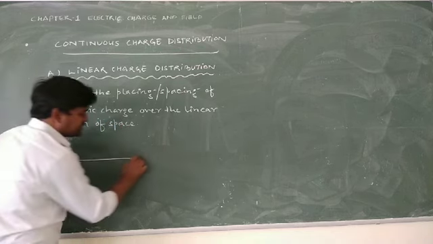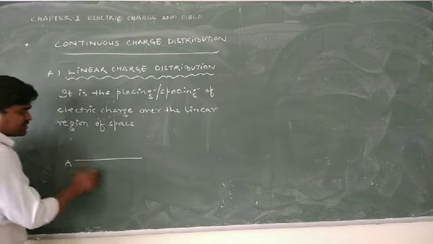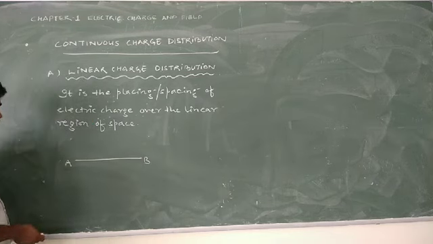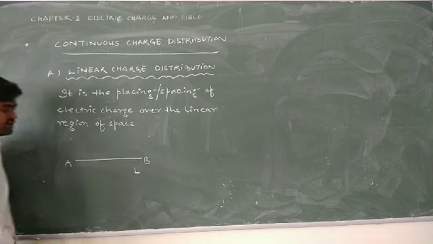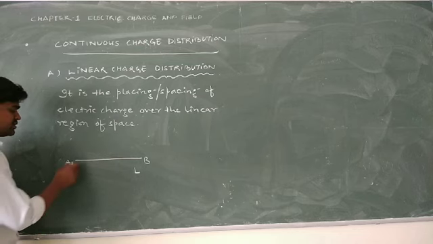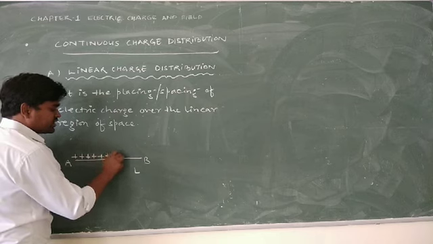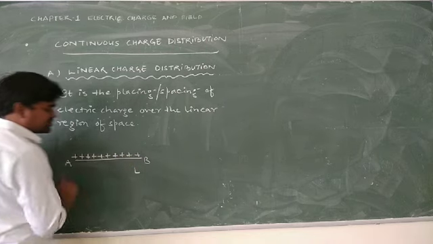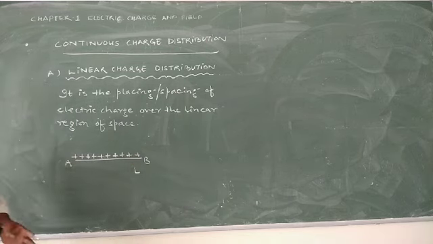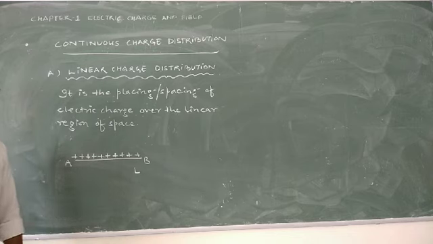Suppose we have a length AB, a length segment having length L, and we are placing positive charges very closely over this length. This closely placing of charge over this length is known as the linear charge distribution.